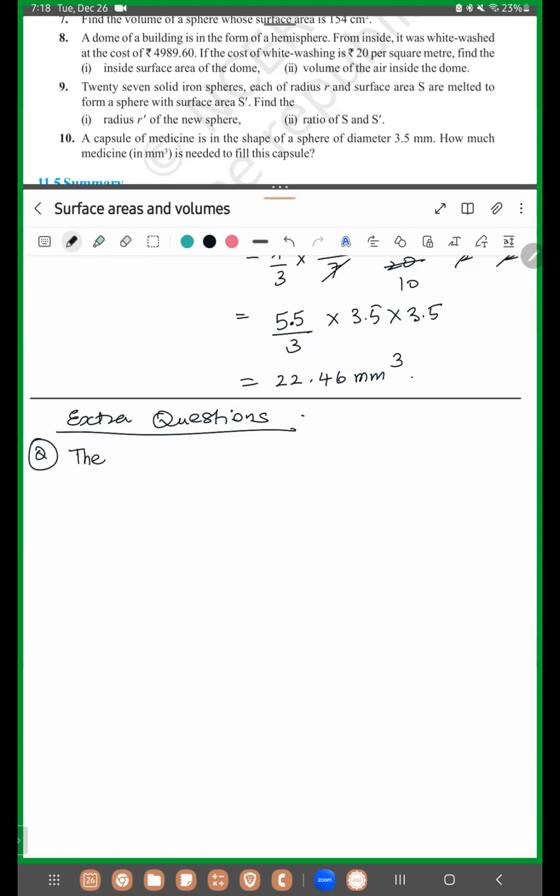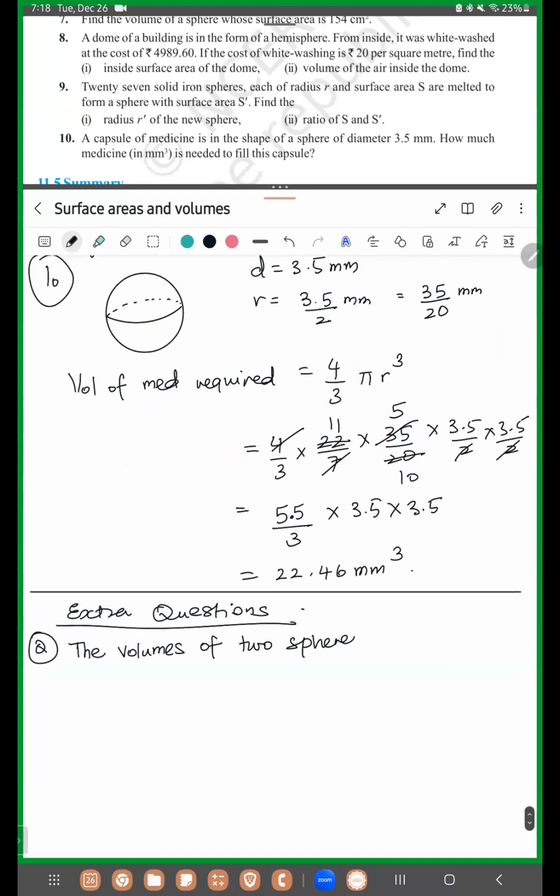Please, you also have to write these questions in your notebook so that you don't lose them. The volumes of two spheres are in the ratio 64 is to 27. Find the ratio of the surface areas.